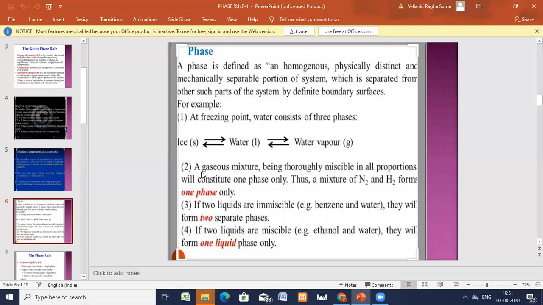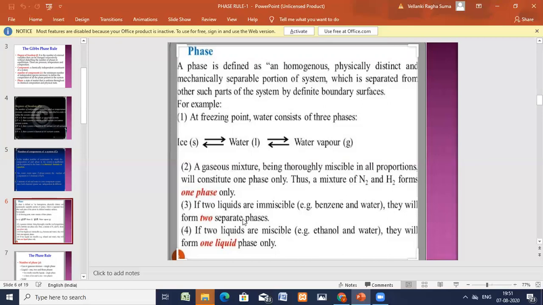Now, a gaseous mixture, being thoroughly miscible in all proportions, will constitute one phase. Nitrogen and hydrogen, for example, form one phase only, because it is homogeneous and miscible. If 2 liquids are immiscible, such as benzene and water, then there are 2 separate phases.